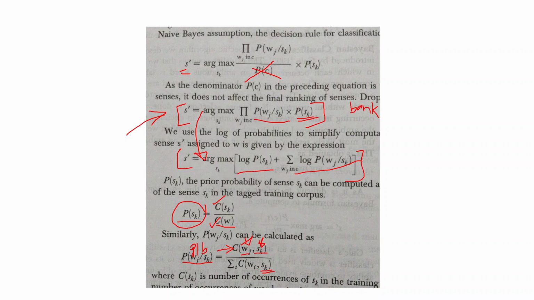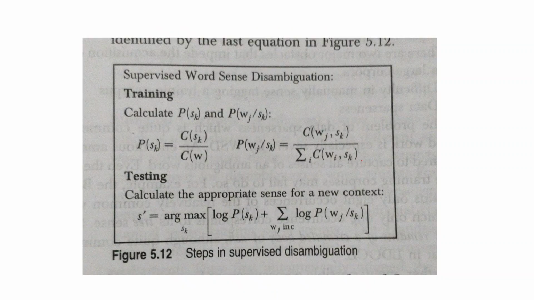The learning here is basically the calculation of probabilities from the data. Supervised learning is learning from a teacher. The teacher is the data, the actual corpus available to us, and the learning which happens is the calculation of prior probabilities. So this is how Naive Bayes is used for word sense disambiguation.